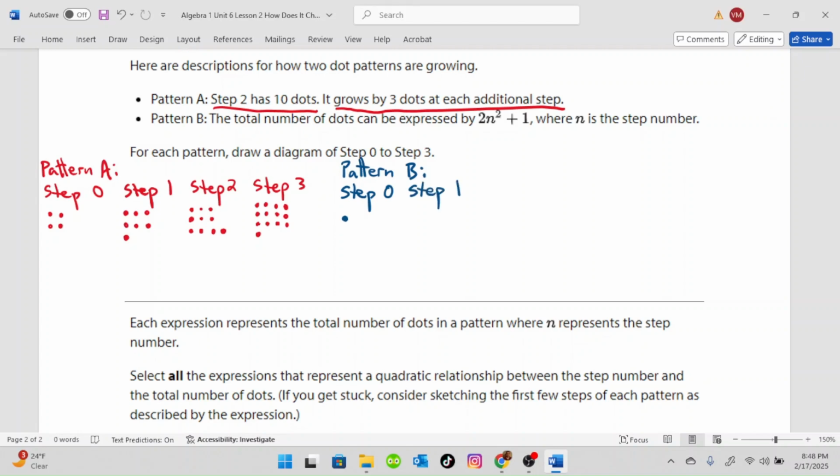On step 1, we have 1 squared, which is 1, times 2, which is 2, plus 1, which is 3. So step 1 is going to have 3 dots. For step 2, we have 2 squared, which is 4, times 2, which is 8, and 8 plus 1 is 9. So step 2 is going to have 9 dots.